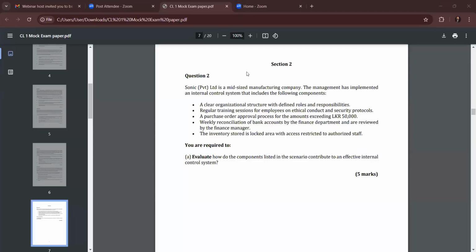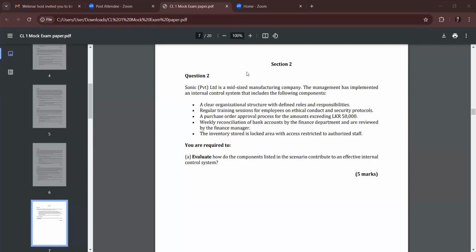Shall we read it? Sonic Private Limited, again private limited, right? Sonic Private Limited is a mid-sized manufacturing company.